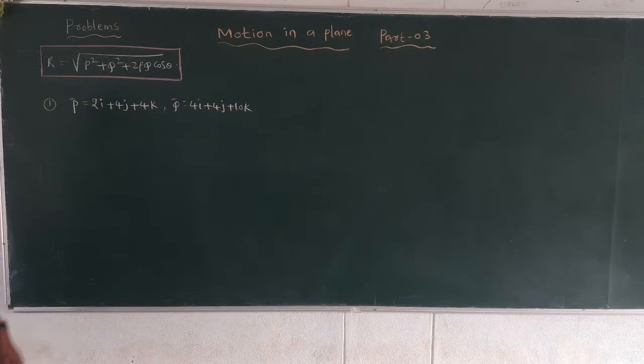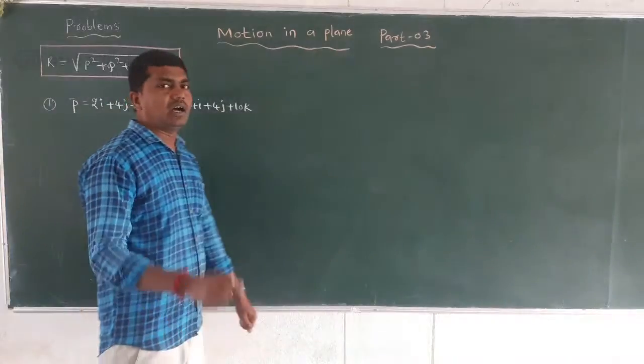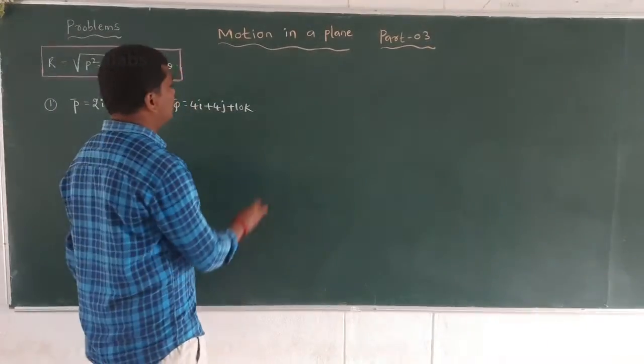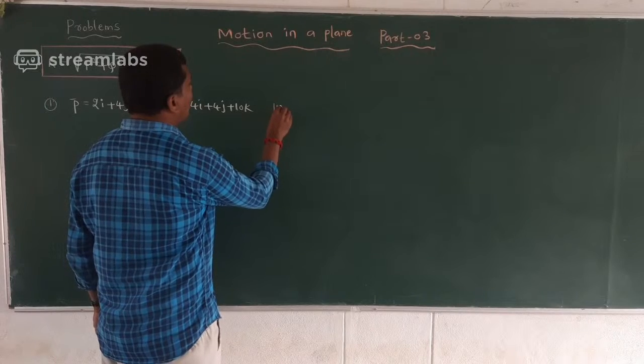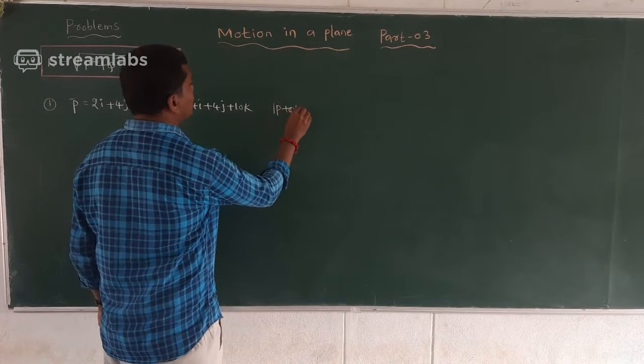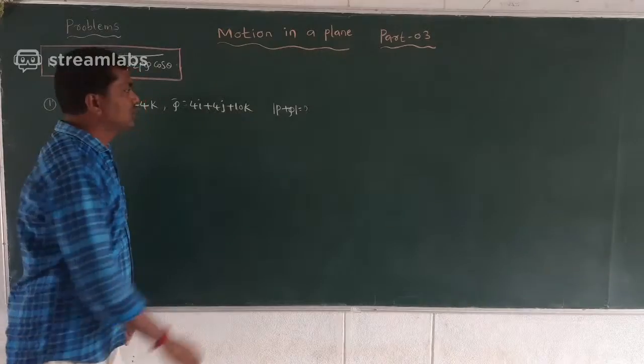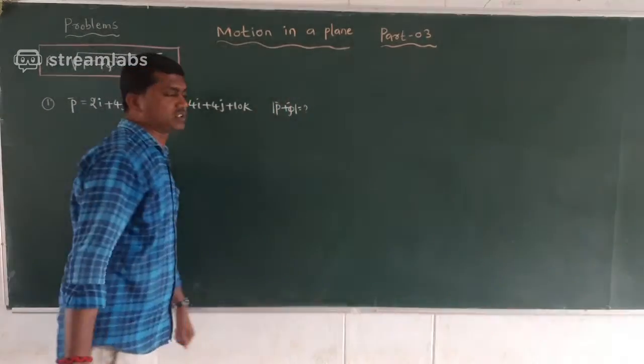So the given vectors are P and Q. Then we can find the mod of P plus Q. How much is mod of P plus Q?